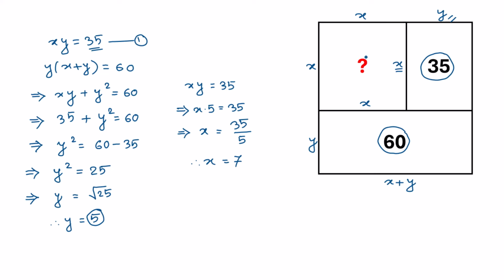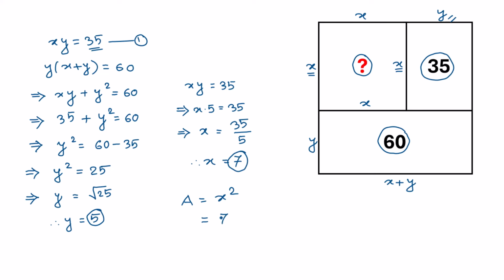Now suppose the area of this unknown region is A and the length of this square is x, so the area will be x square, and substitute the value of x as 7.